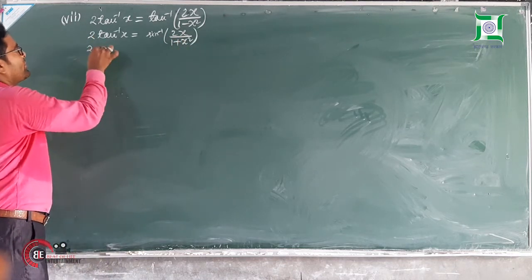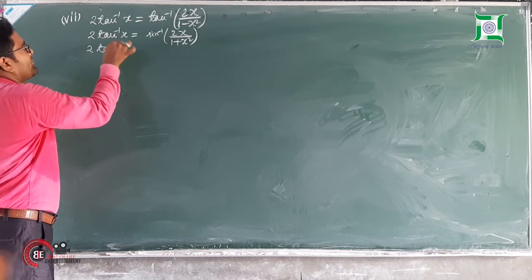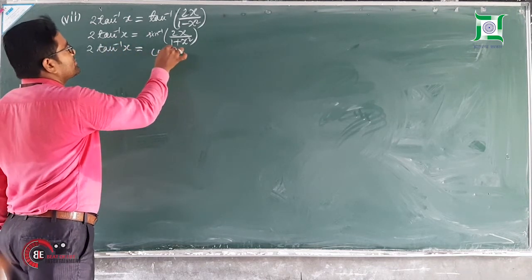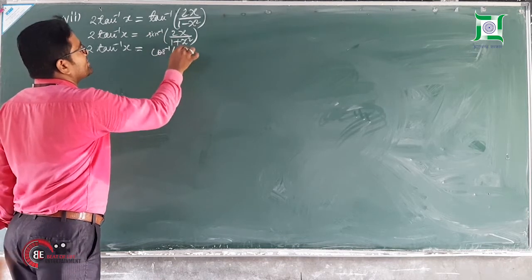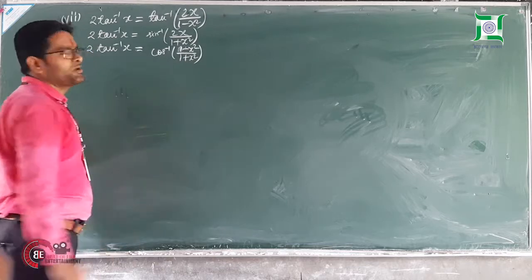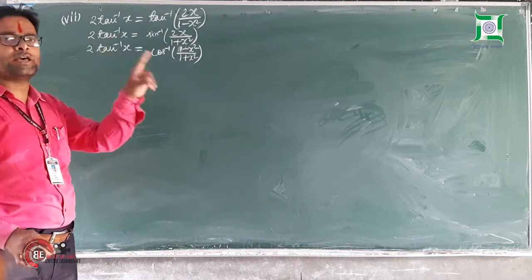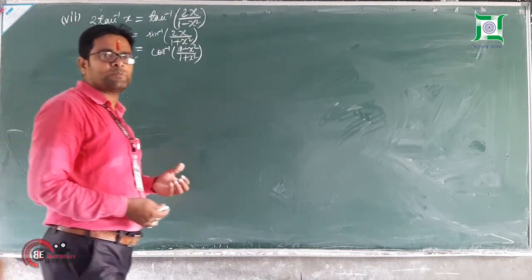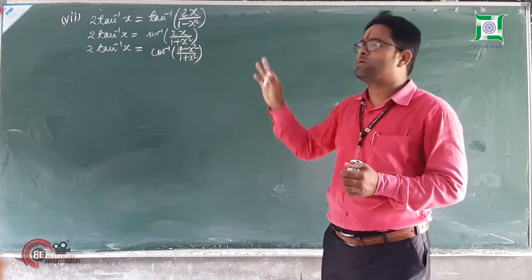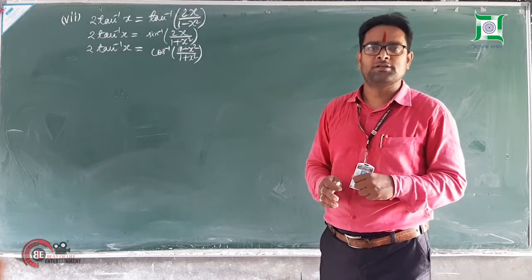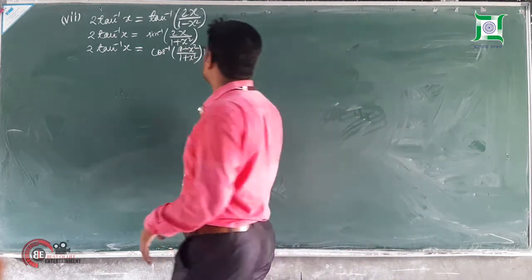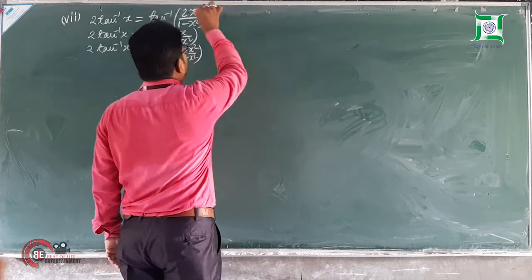And we have another formula: 2 tan inverse x is equal to cos inverse 1 minus x square by 1 plus x square. We can prove all these formulae with the help of the definition of inverse trigonometric functions and simple trigonometric functions of multiple angles. Let us see one proof. I am proving any one of these.